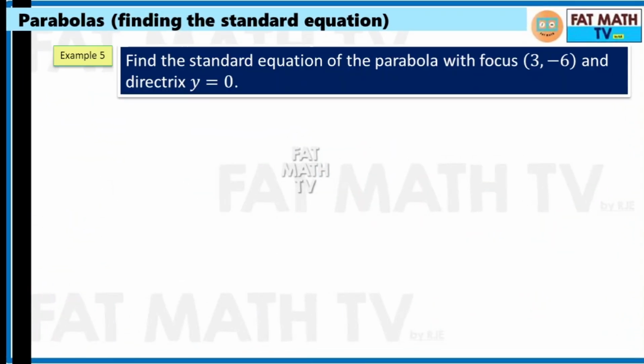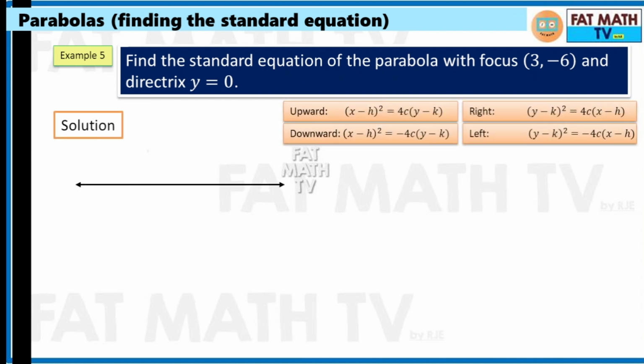Example number 5. Find the standard equation of the parabola with focus 3, negative 6 and directrix y equals 0. So the focus is at 3, negative 6, so that is on the fourth quadrant. And the directrix is y equals 0, which is exactly the x-axis.